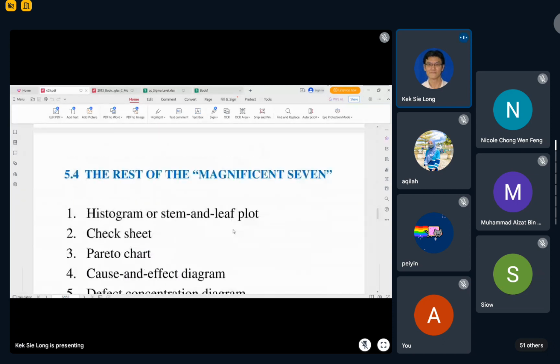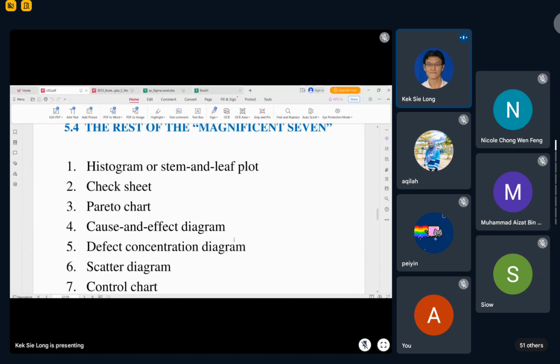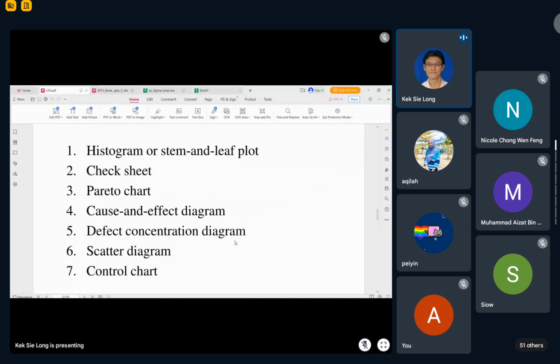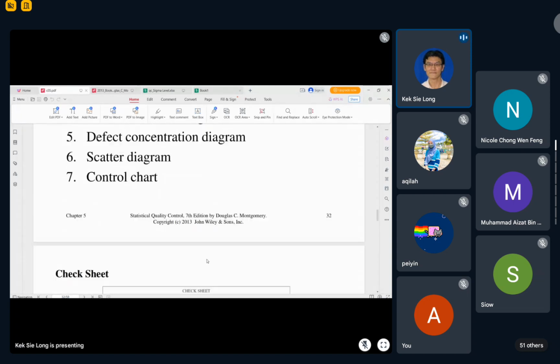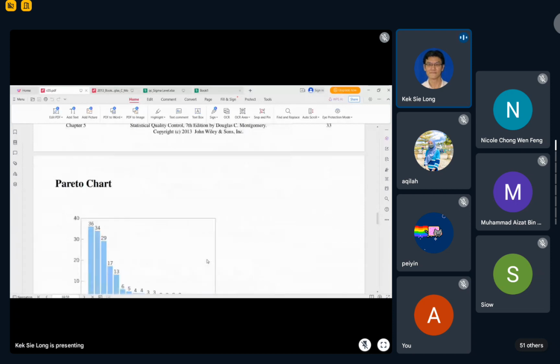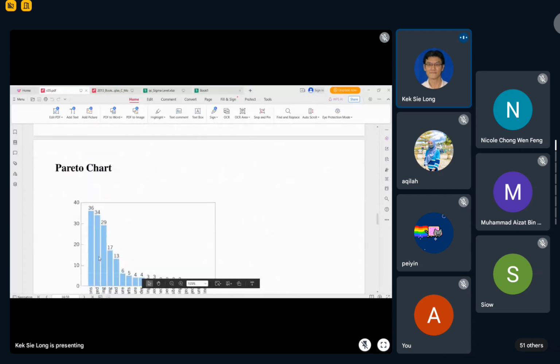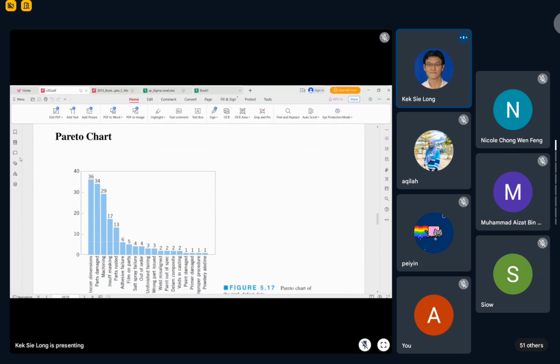And these are the 7 tools. I think these 7 tools we have discussed at the beginning of chapter 3. You can have a read, see the histogram and checklist, how these two look like. This is the Pareto chart I have mentioned to you.